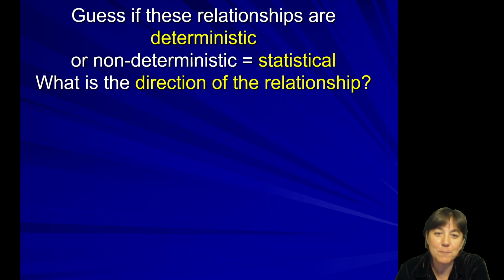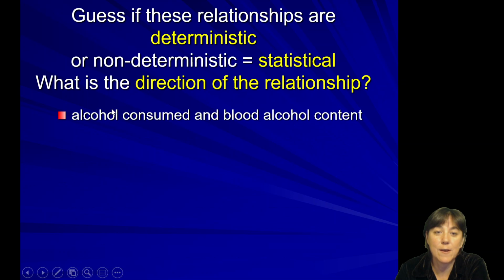Let's now see if you're a good guesser. Okay, first, please guess. I'm going to show you some relationships, and you can guess whether this relationship is deterministic or statistical, non-deterministic. And also you can guess the direction of the relationship. So, question number 1, alcohol and blood alcohol content.